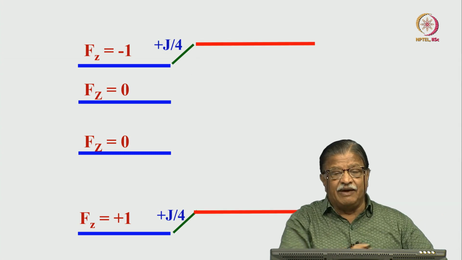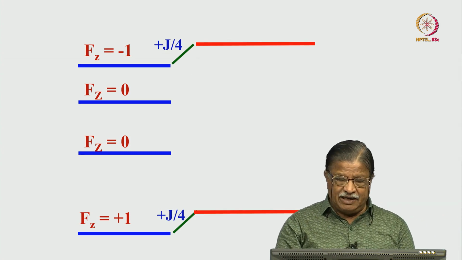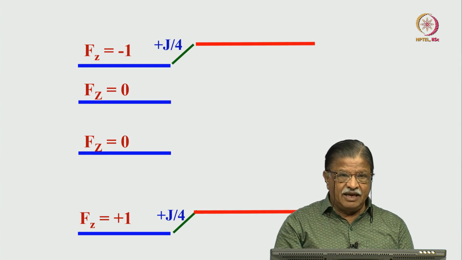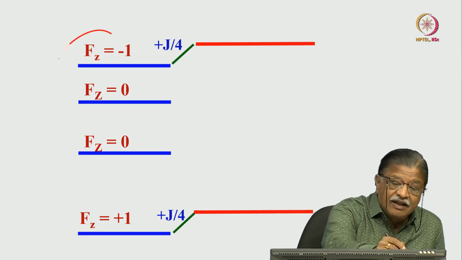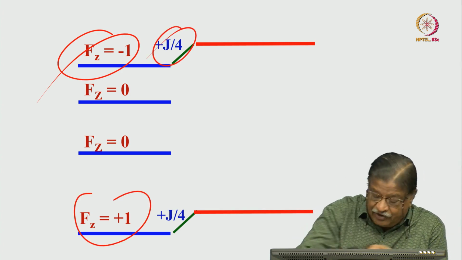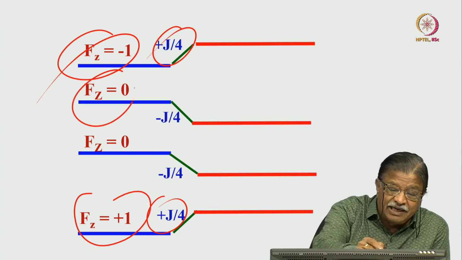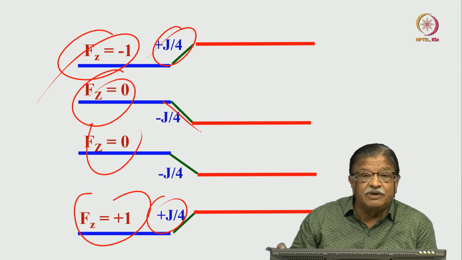Now I have assumed there exists a coupling J between the A and X spins. Now, beta beta is pushed up by J by 4, alpha alpha is pushed up by J by 4, whereas beta alpha and alpha beta are pushed down by J by 4.